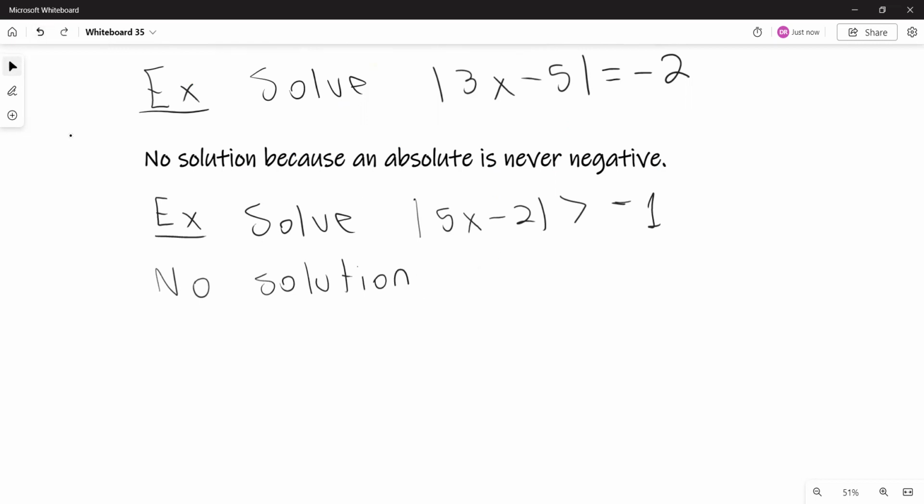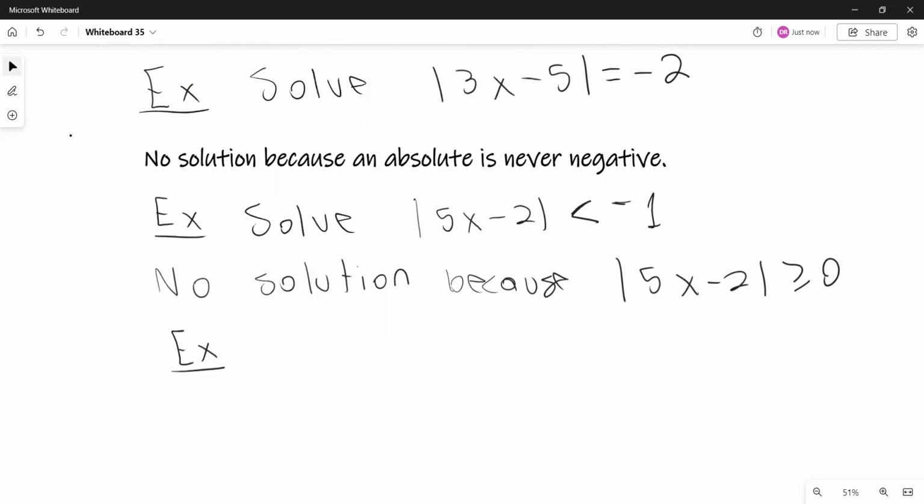No solution because the absolute value of 5x minus 2 is 0 or positive. Actually, I made a mistake. I meant less than -1. It has no solution because of that.